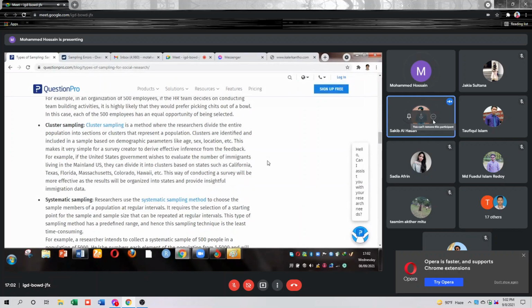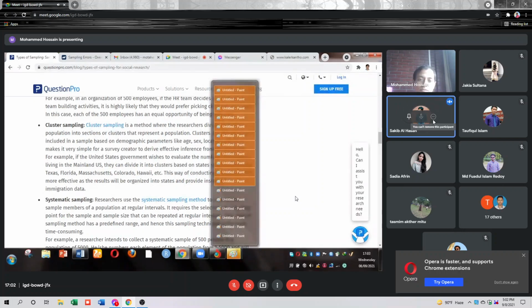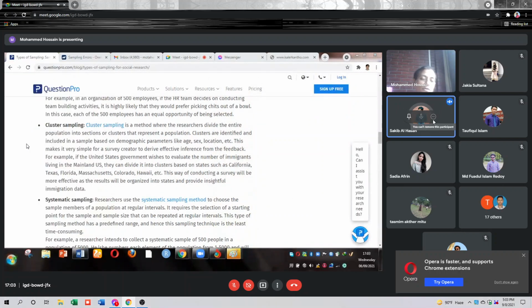For example, if the United States government wishes to evaluate the number of immigrants living in the mainland US, they can divide it into clusters based on states such as California, Texas, Florida, Massachusetts, Colorado or Hawaii, etc. This way of conducting a survey will be more effective as the result will be organized into its states and provide significant, insightful immigration data.